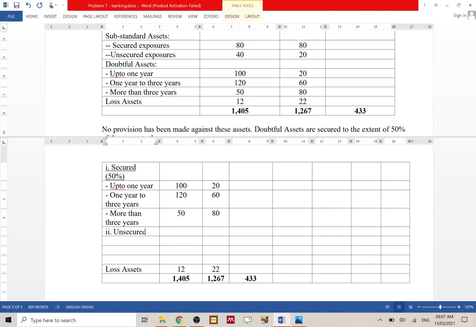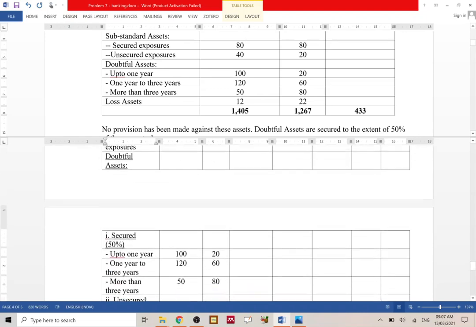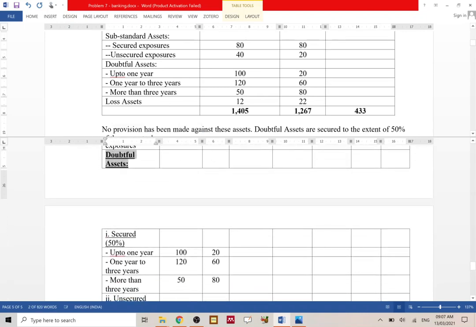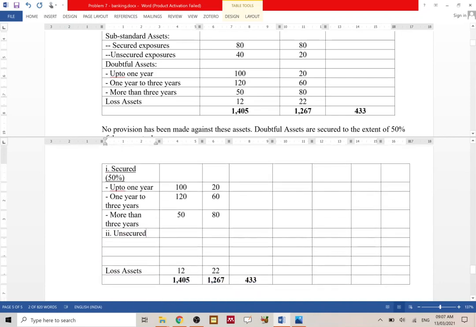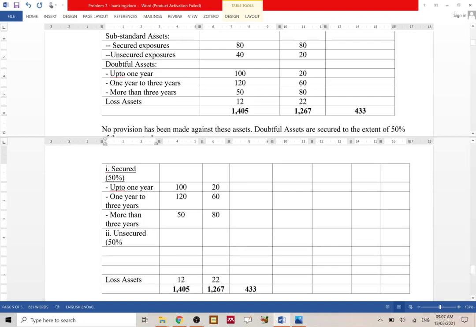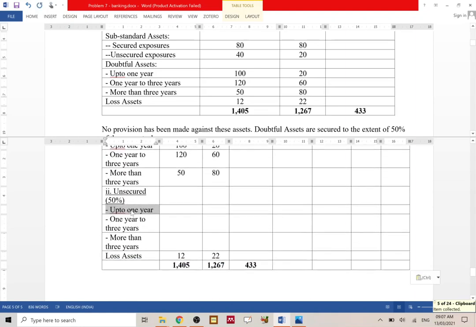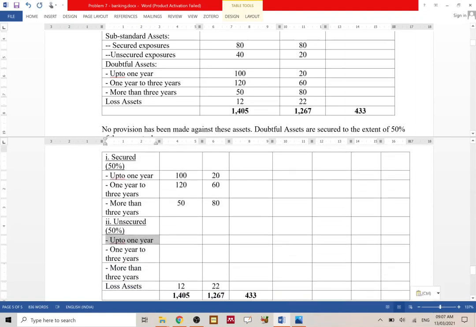Unsecured, they are doubtful debts only, we are still under doubtful debts. So these doubtful debts, part of them are secured 50%, and the rest unsecured, also 50%. Again all these 3 categories will come here also. So out of all these 3 categories, 50% are secured, 50% are unsecured.